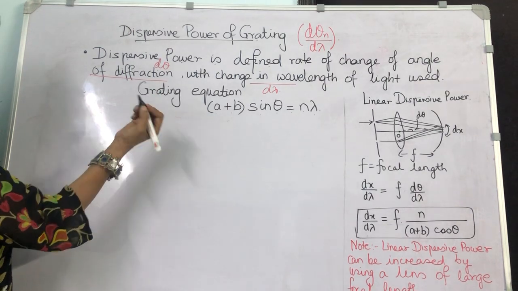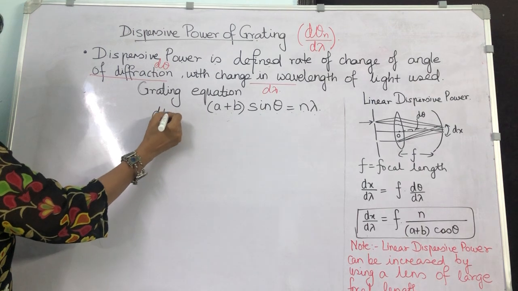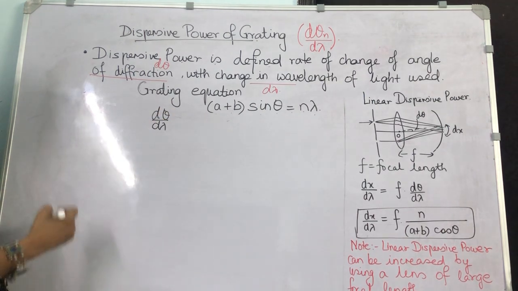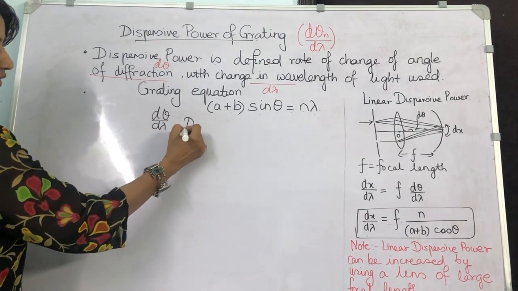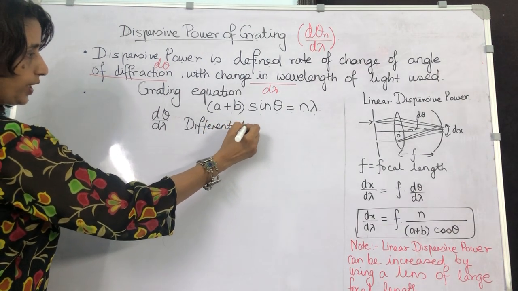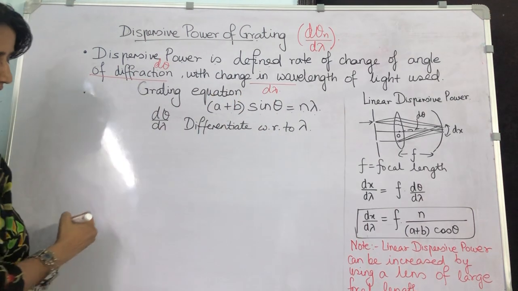What do we need from this expression? We need d theta by d lambda. So we will differentiate this expression with respect to lambda, right?